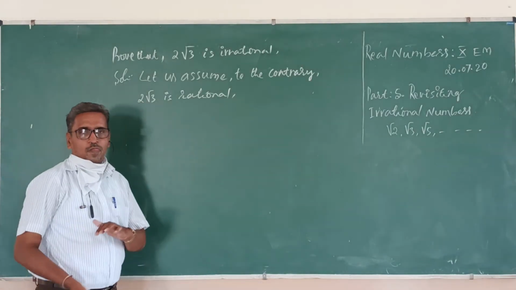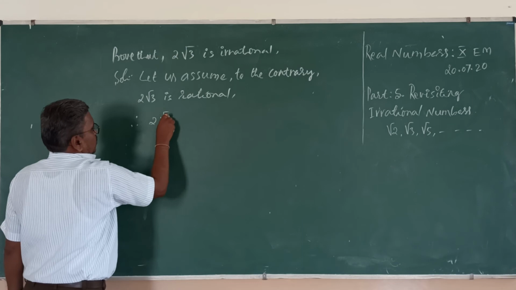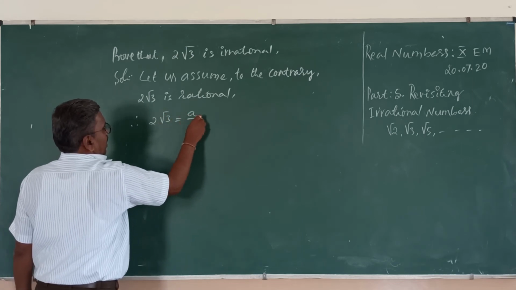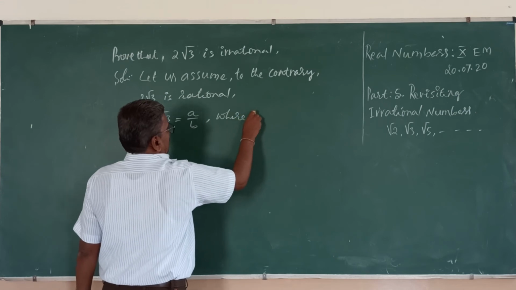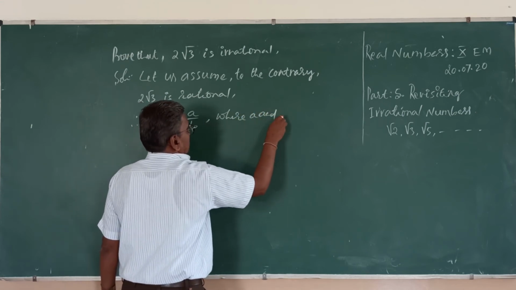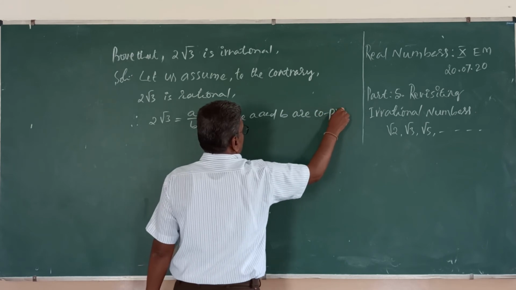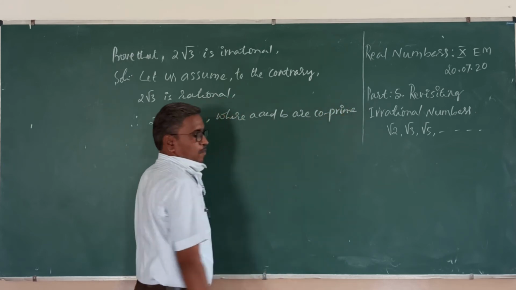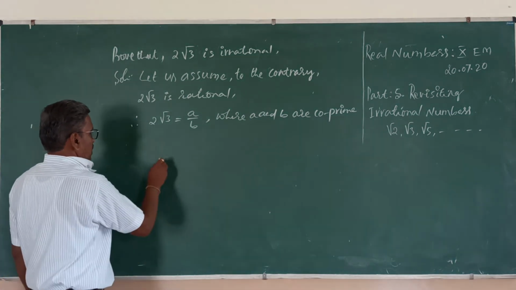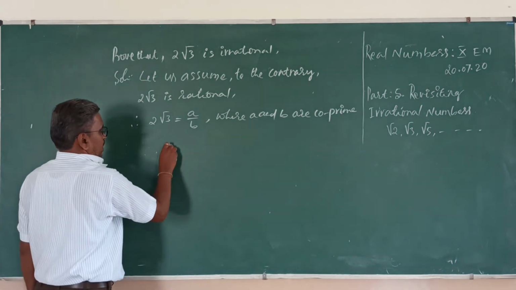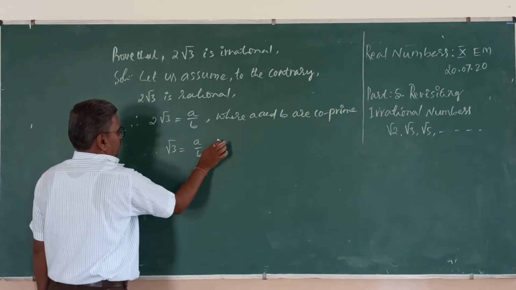Therefore 2 root 3 equals a by b, where a and b are co-prime. This is very important. Let's say co-prime is 1. So simplification gives that root 3 equals a by 2b.